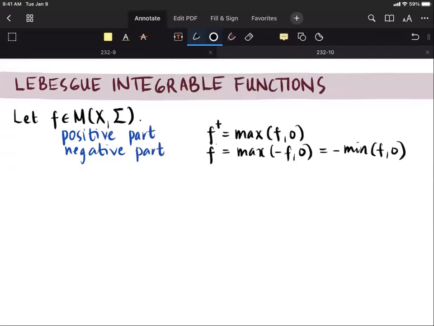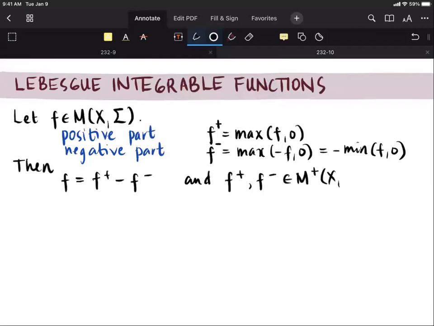That's the positive part and that's the negative part. Then one can show that f is the difference of the positive and negative parts, and these are also measurable and non-negative.